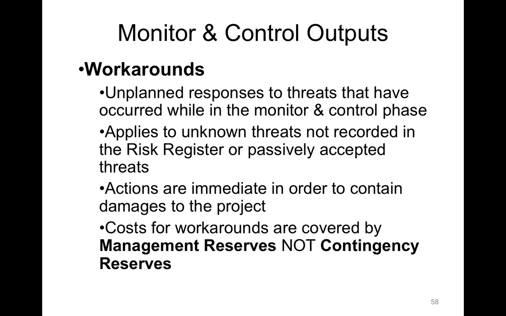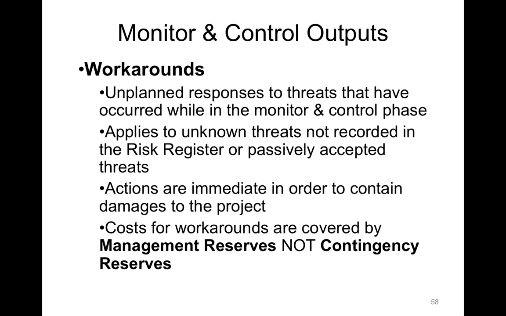So they are workarounds. They're not recorded in the risk register. They're not actively accepted risks. These would be passively accepted by default. They're simply unknown unknowns. The workaround plans are paid for by management reserves and not contingency reserves. Remember that.